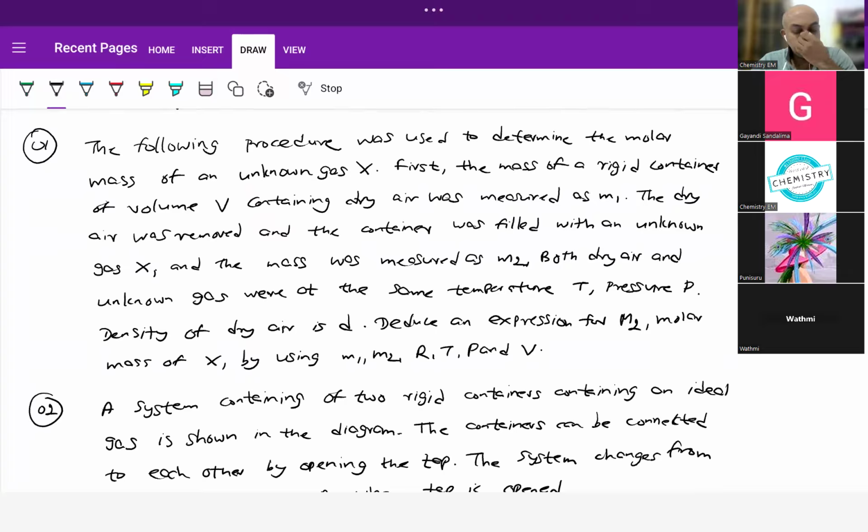You need to understand this container total mass is M1, including the mass of gas and the mass of the container as well, not only the gas, because the container mass is measured. The dry air was removed, and the container was filled with an unknown gas X, and the mass was measured as M2.